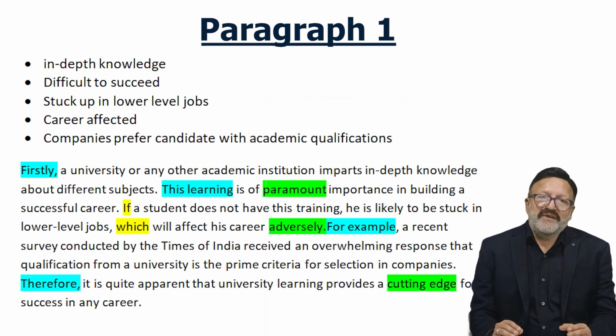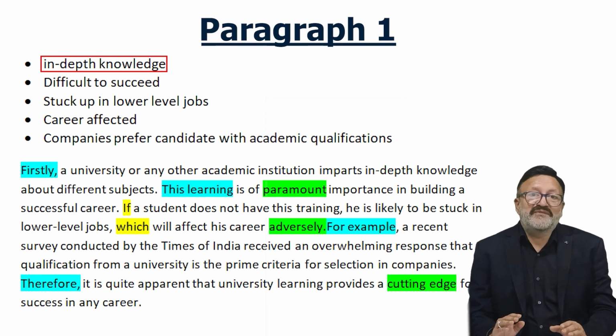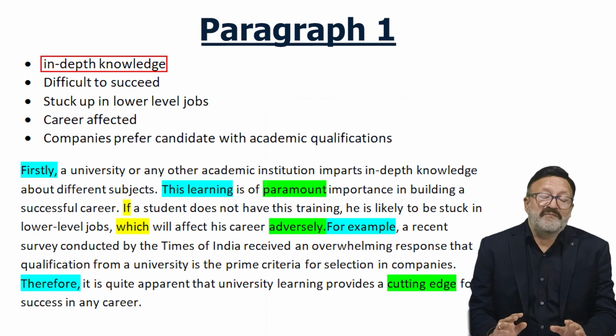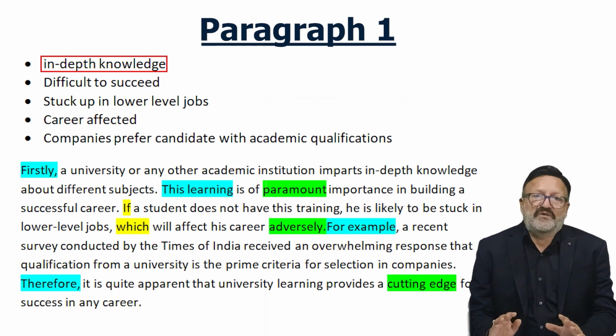So we had the main point as in-depth knowledge. So in-depth knowledge means that without this, it's going to be difficult to succeed. And because of that, you could be stuck up in low-level jobs, and that could affect your career. And finally, for an example, we can use companies prefer candidates with academic qualifications.